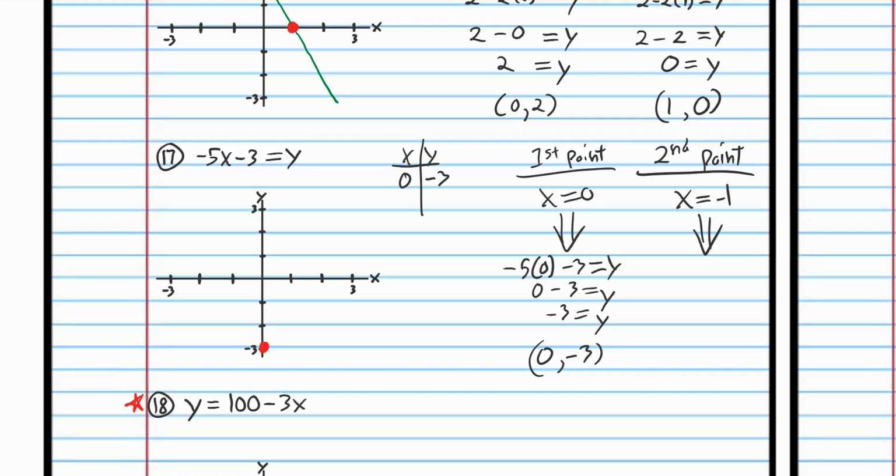So -1. -5 times -1 is +5. 5 minus 3 is 2. So if x is -1, then y is 2.